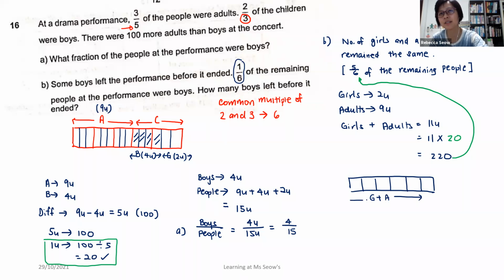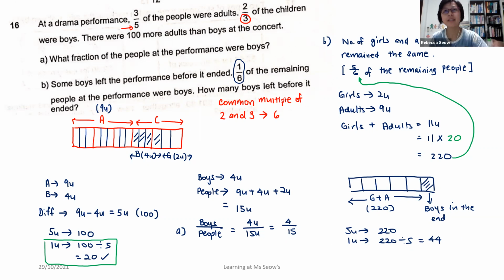That means this one will be the number of boys in the end. Now, if girls plus adults is 220, that's 5 units. 1 unit will be 220 divided by 5, and that would give us 44. That's the number of boys in the end.